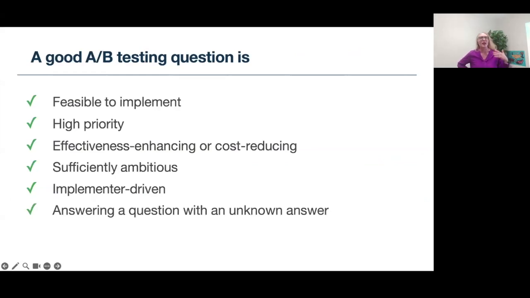So just to build on thinking about what makes for a good A/B testing question, and building on the characteristics that I talked about before, which were feasibility, the type of test, how high priority it is to your team, the ambition. Also, one thing that we find really important to highlight is that the questions come from your implementation team, right?